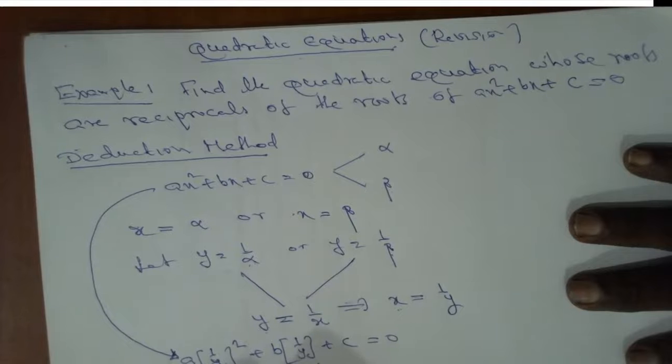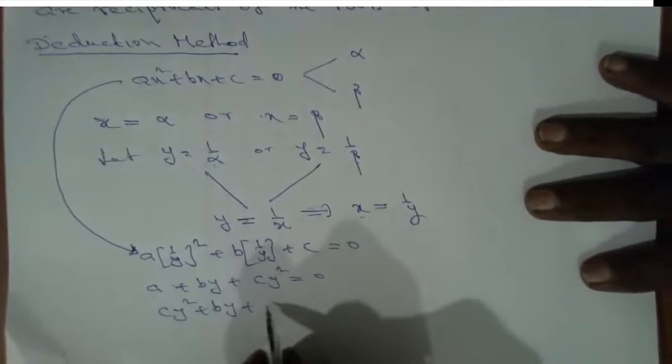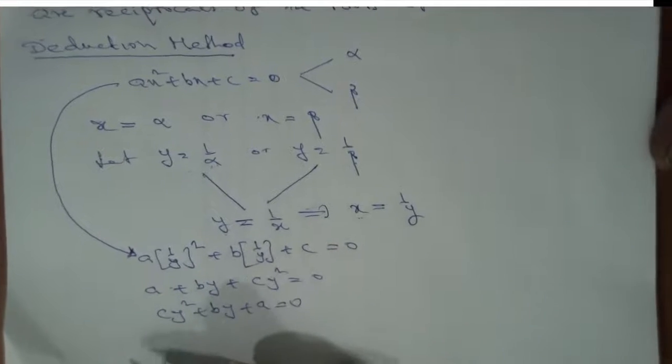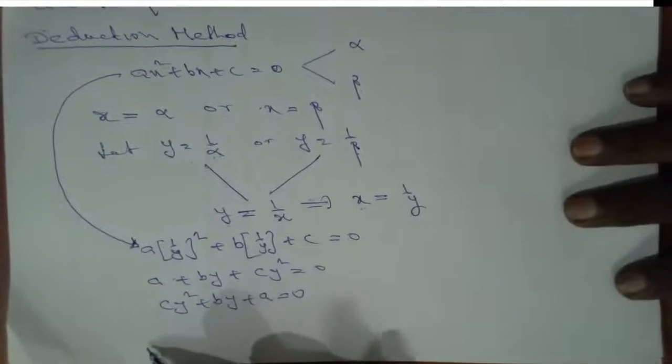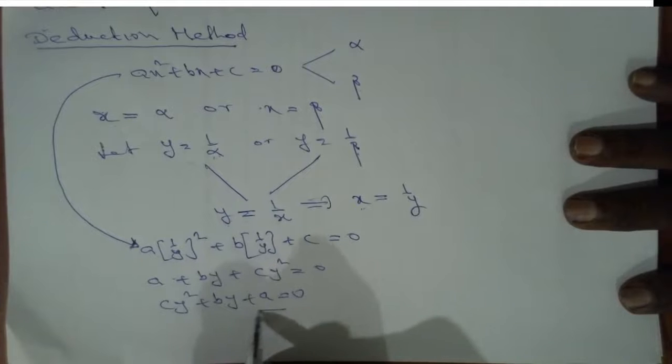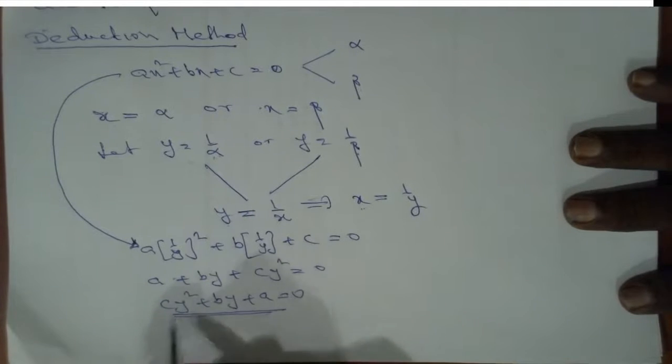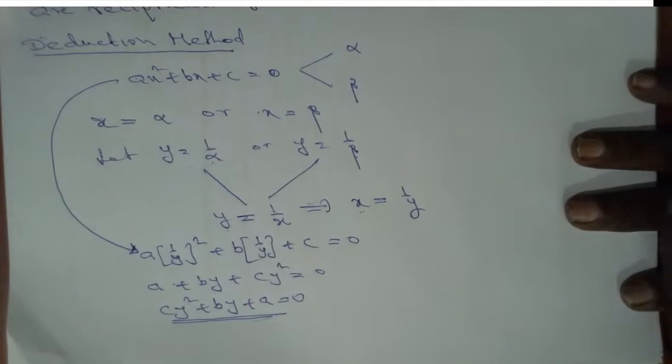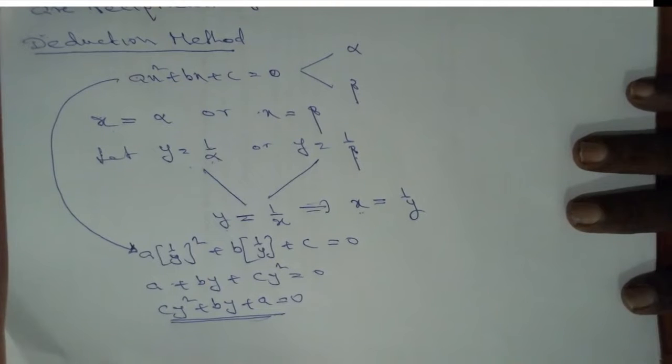So cy squared plus by plus a equals 0, right? This is the quadratic equation whose roots are reciprocals of alpha and beta, right?